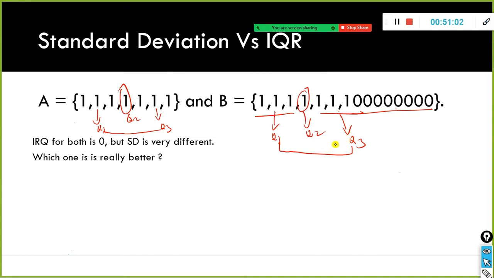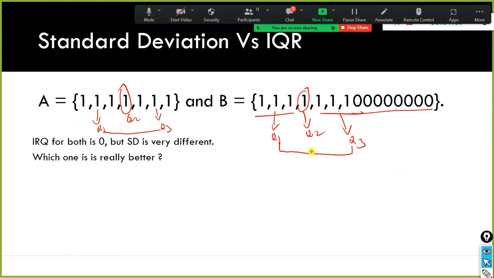No, why do you say Q3 minus Q1 is 9999, Karthik? It is not correct. Q3 is 1 and Q1 is 1, hence it is 0 here. IQR for both data sets is the same.